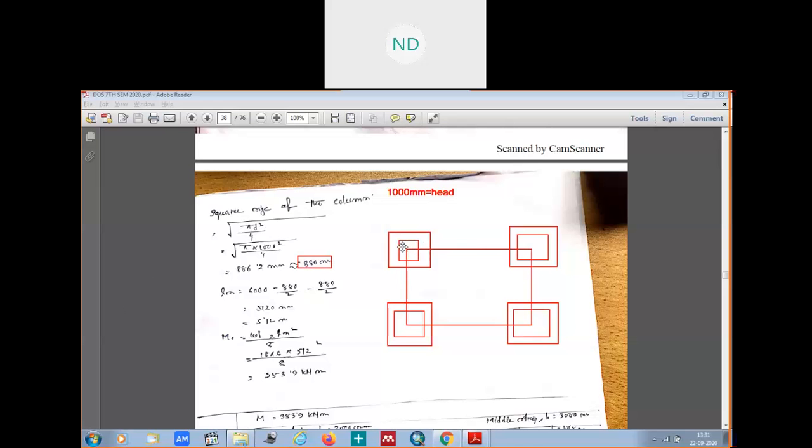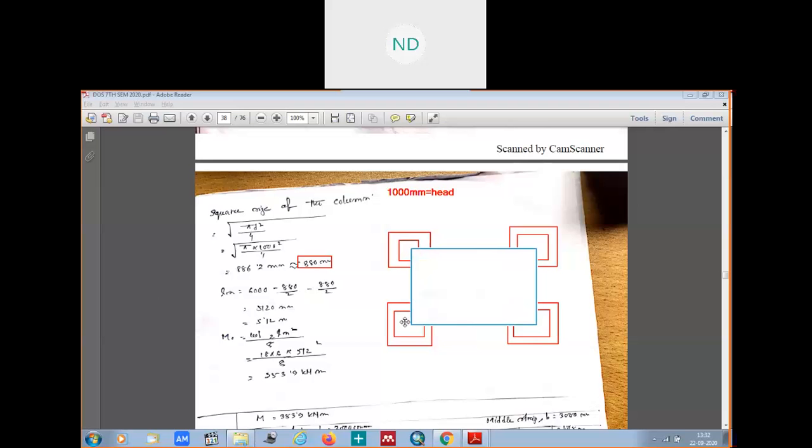Now, one more thing, let me show you. Here is your column somewhere. Sorry, I cannot draw, maybe I'll not be able to draw. Whatever, I'll draw a sketch.